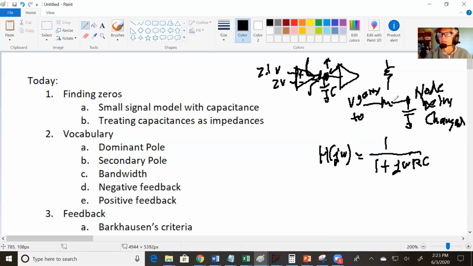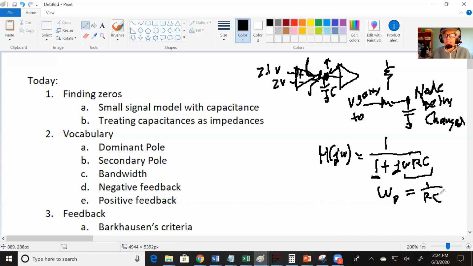This R and the C are exactly the R and C that you found for that node. And then if you want to know the omega at that pole, it's whatever omega times its multiplier, in this case RC. You want to make that 1, the same magnitude as this term. So to make the magnitude of this term equal to 1, your omega has to be 1 over RC, and that's where your pole is. That's where the denominator starts to dominate.